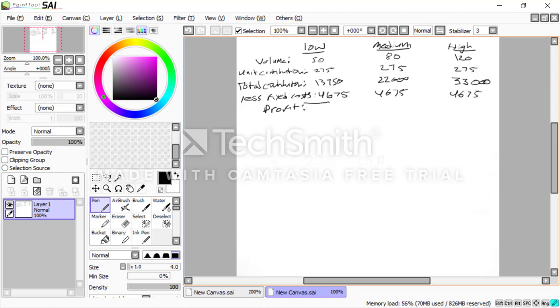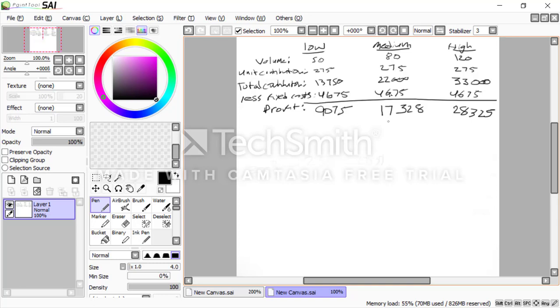And we will tally these up and figure out what the profit is in a low, medium, and high setting for volume each month for this company. So profit here would be 9,075, 17,325, and 28,325.